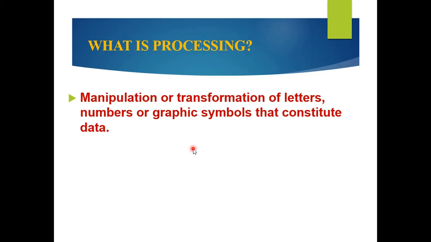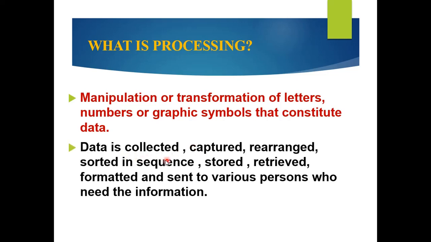So transformation of calculations or of letters, numbers or graphical symbols is called processing. Data is collected, captured, then rearranged or sorted in sequence, stored, retrieved, formatted, and sent to various persons who need the information.